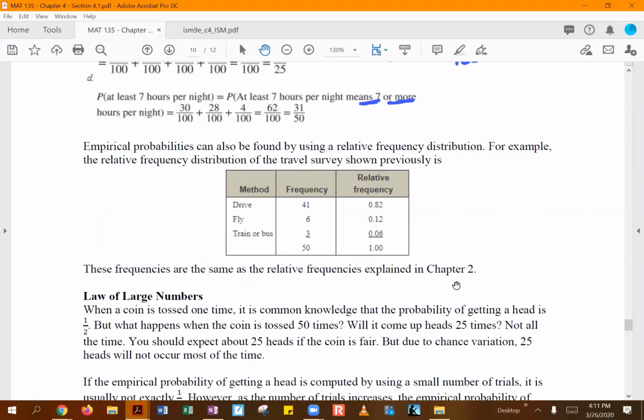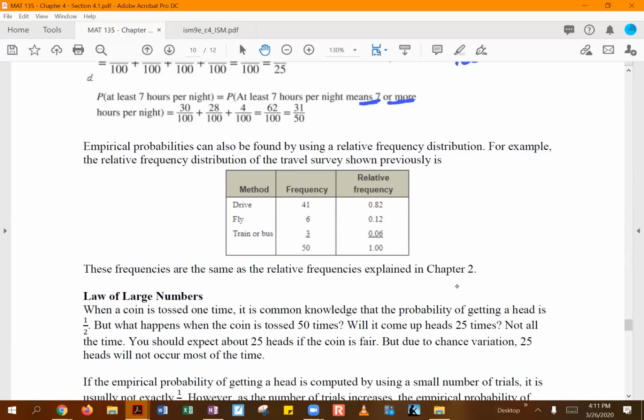And just the last part that I want to talk about here with empirical probabilities is, as you can see, we're saying empirical probabilities can be found by using a relative frequency distribution. Remember, again, for relative frequency, you take your frequency and divide it by your total. So that would be 41 divided by 50, which gives you the 0.82.